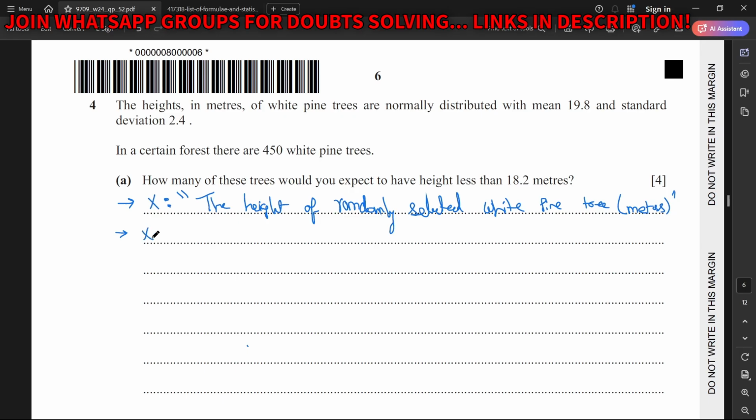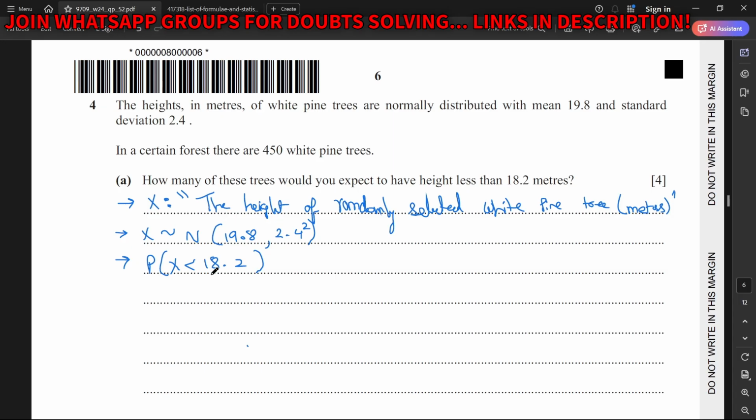And then this x belongs to the normal distribution, that the mean is 19.8, that's the mean height, and the standard deviation or the variance, that is what I need to write in the definition of the normal distribution, will be 2.4 square. 2.4 is the standard deviation, the square of that is the variance. And now the first step is to find the probability of this x having the height less than 18.2 meters.